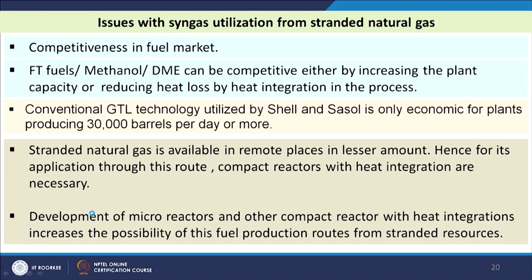And there are some issues with syngas utilization from stranded natural gas. Natural gas may be available in some remote area in small amounts. In that case, the technology should be different.